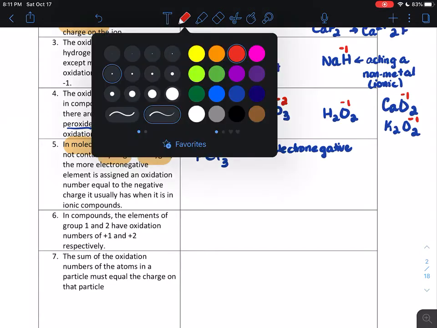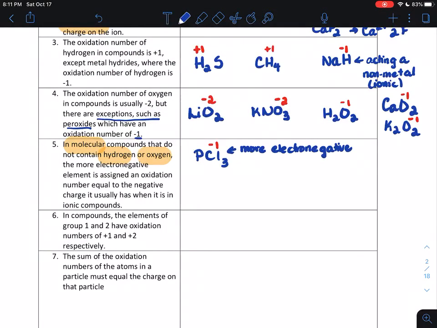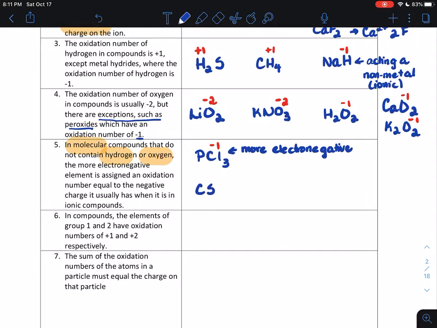Now, there are situations here where this won't help you, and my second example is CS2. And this one has a problem. If you look at the electronegativity, you see that both are 2.6 in terms of electronegativity.